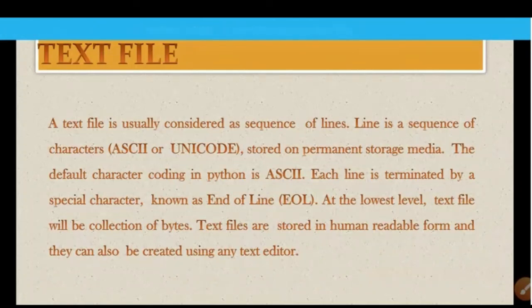Text files are stored in human readable form, something just like alphanumeric characters that you can read easily. And they can also be created using any text editor. We can create the same file using Notepad or any text editor. This is all about your text file.